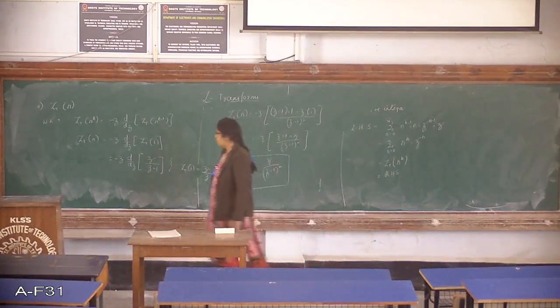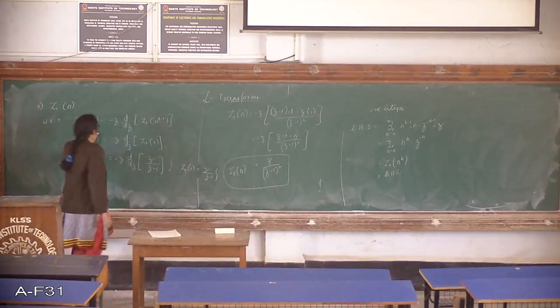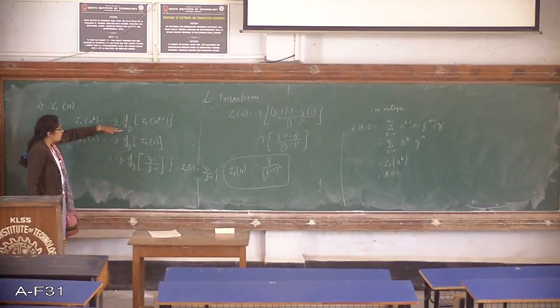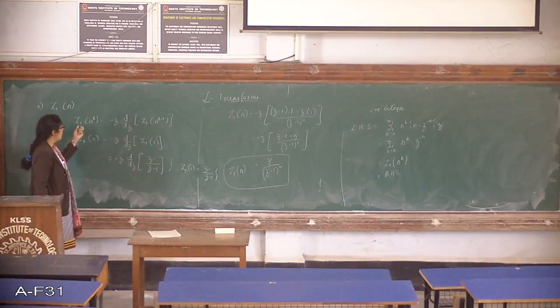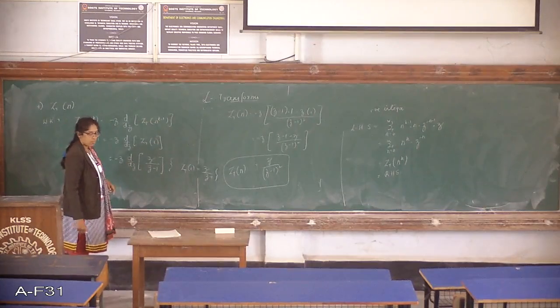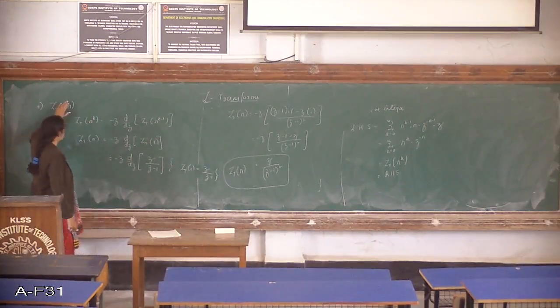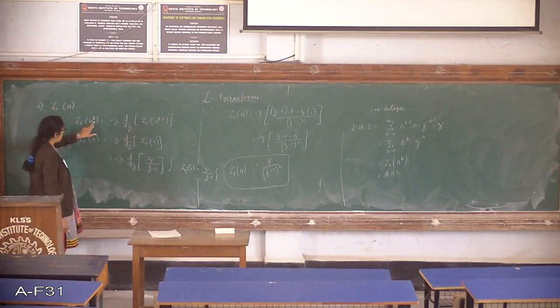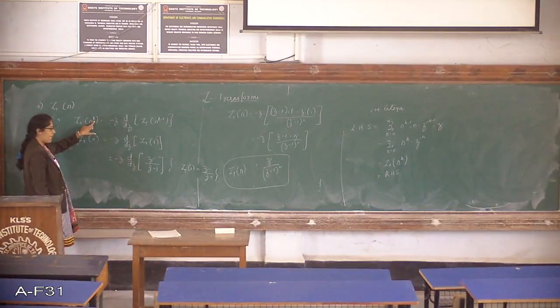So here I shall repeat, this is the result which we had got previously, which says z transform of n raised to k is minus z, d by dz of z transform of n raised to k minus 1. Now if I have to obtain the result for n, you can take k as 1.